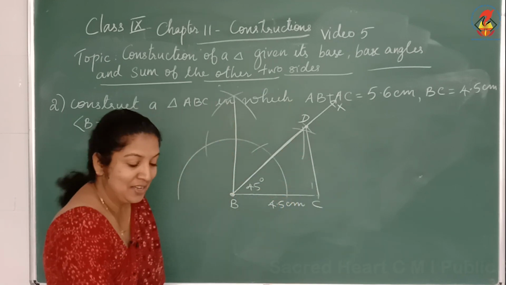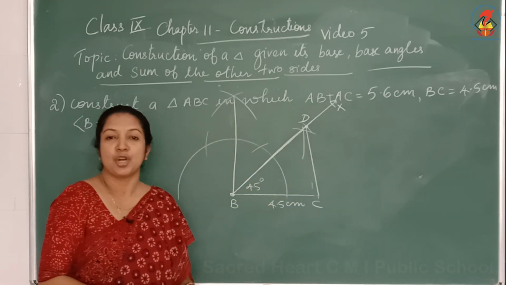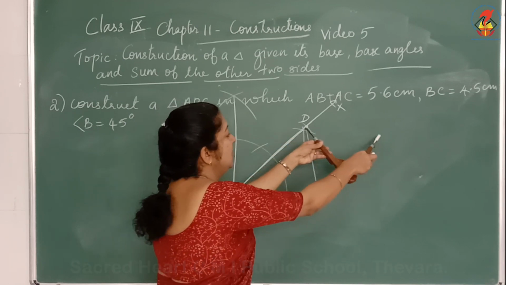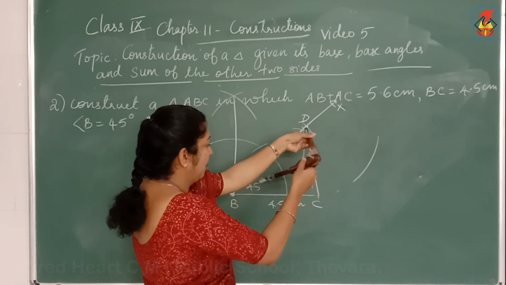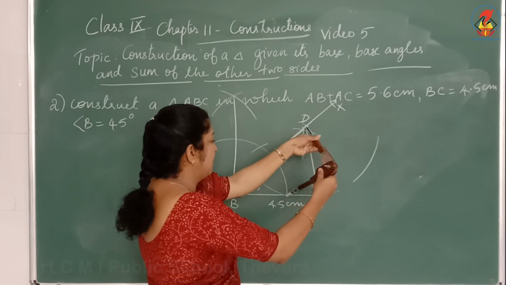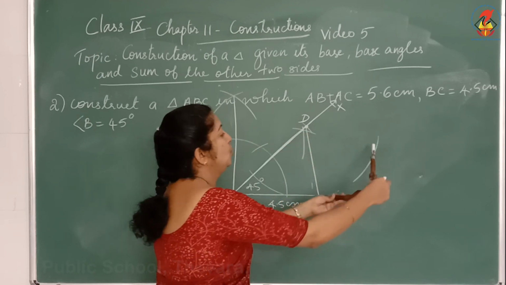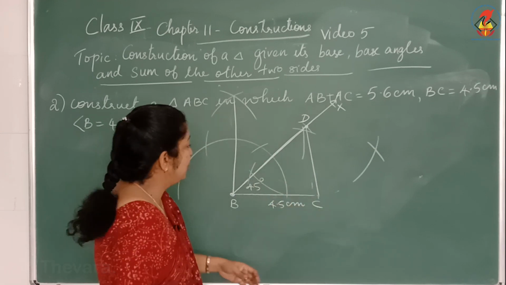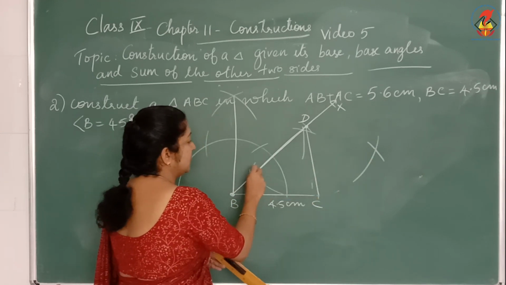Then what's the next step? Draw the perpendicular bisector of CD. Take more than half of CD and draw arcs from D and 2 arcs from C. Then what do you have to do? Join these 2 points.